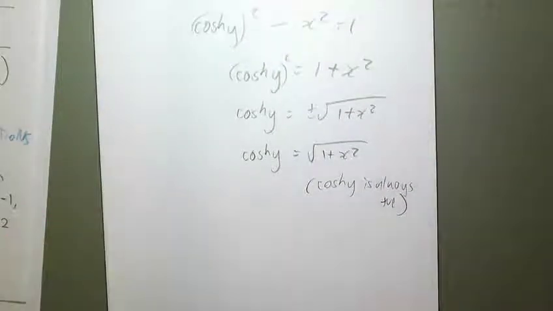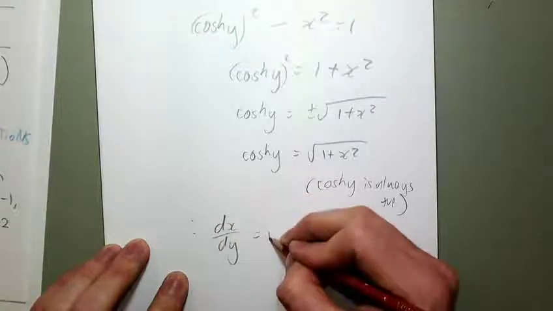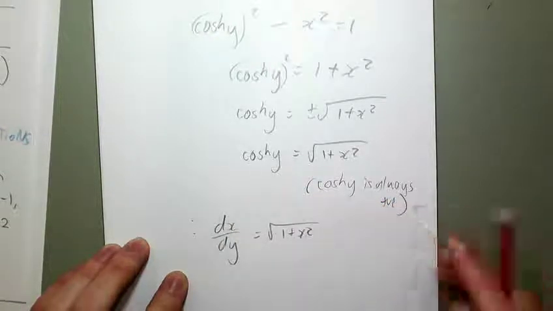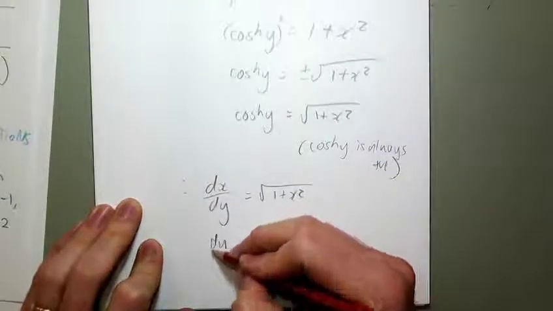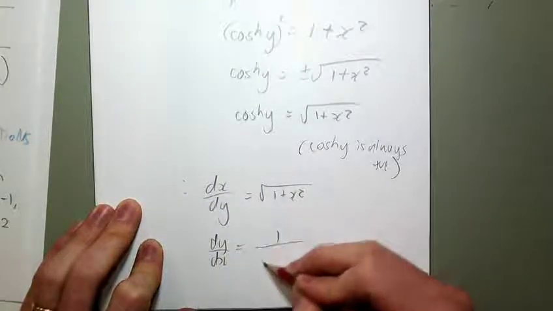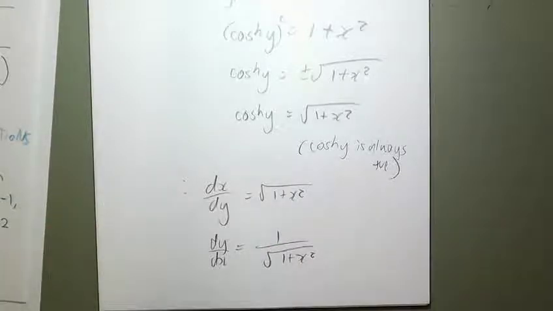Because cosh is always positive, we're good. We just take the positive square root. And so therefore dx on dy is really root 1 plus x squared, because it was cosh y. And therefore dy on dx is really 1 over root 1 plus x squared. See, told you, it was the same as the one for arcsine, but with a plus instead of a minus.